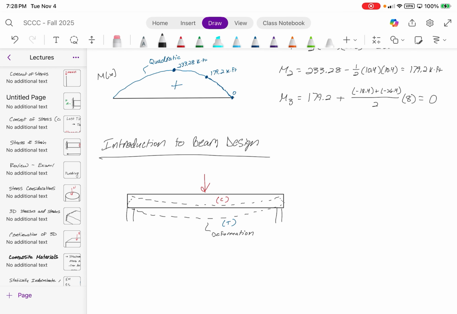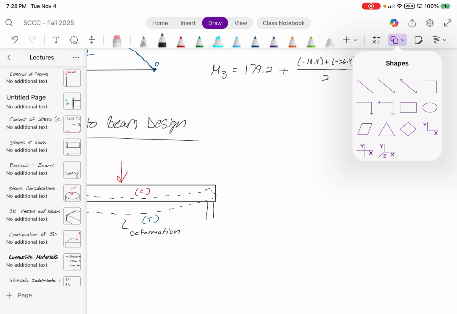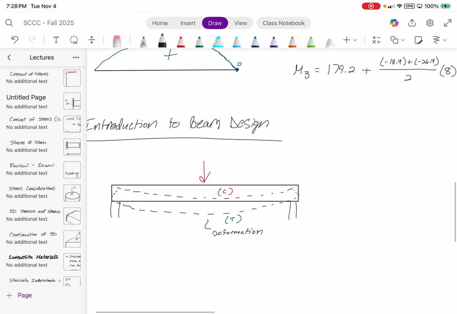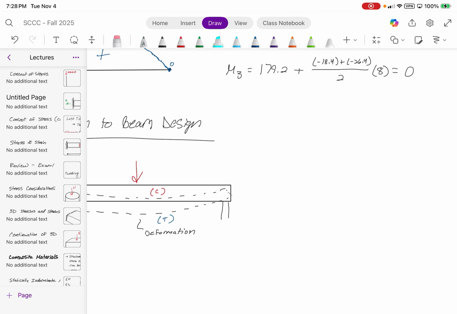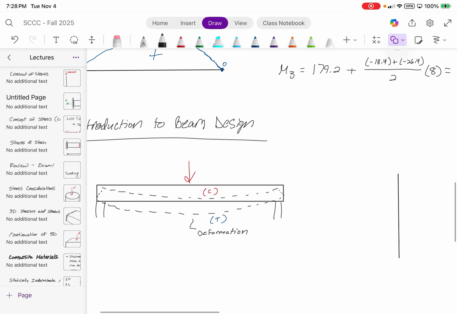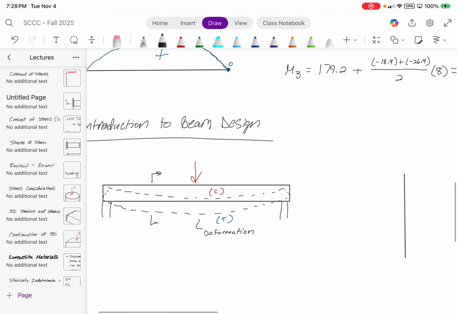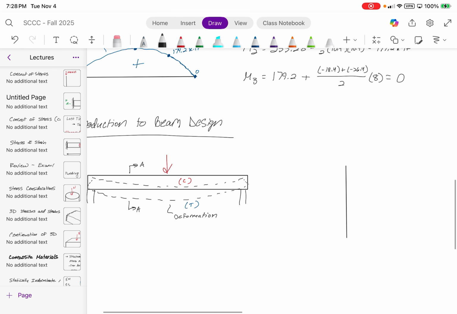Now, how does the stress distribution look? We need to take a cross-section view, and I am going to just draw a line downwards just like that. And let's say that this is a section view. We'll call this AA. Let's say that this cross-section is something rectangular, very simple.